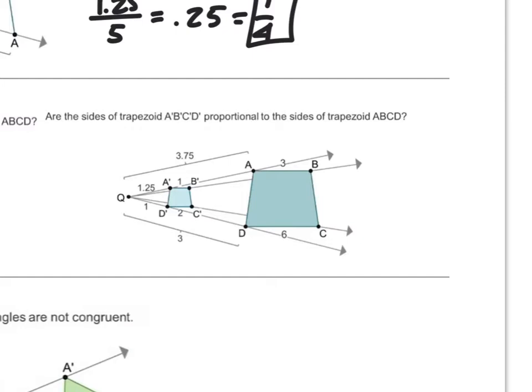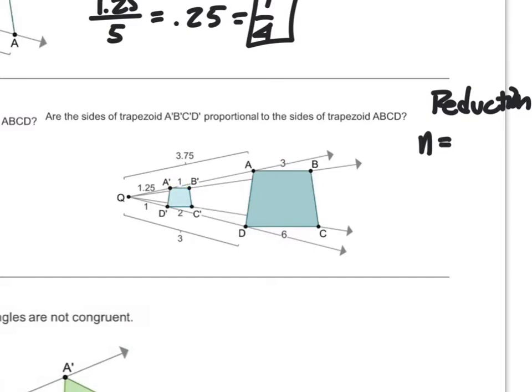If I take 1 and divide it by 3, because my image is smaller than my original, this is a reduction. So my value for n, let's think of how we could use these numbers 1 and 3 using division.